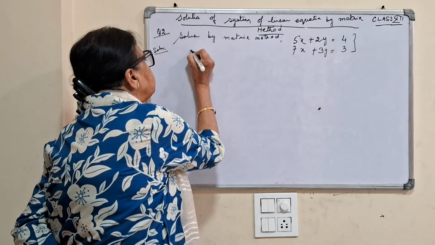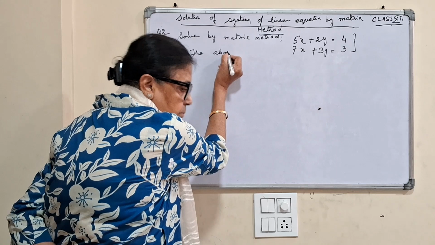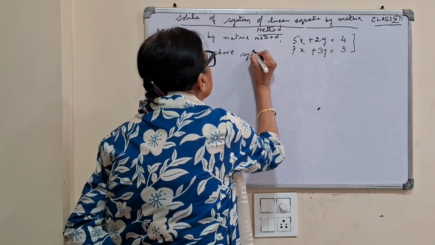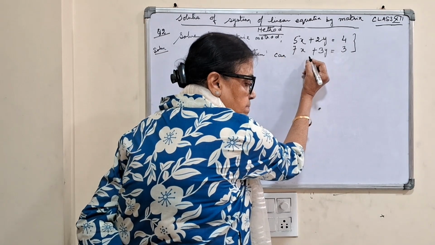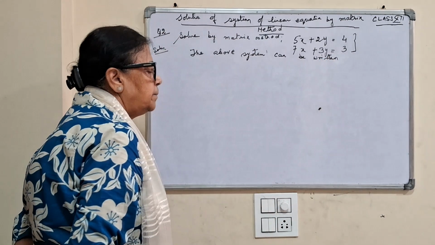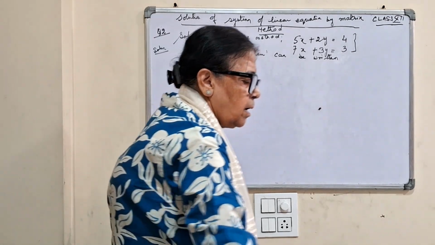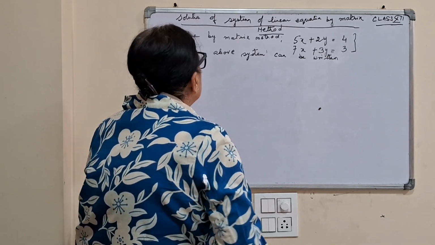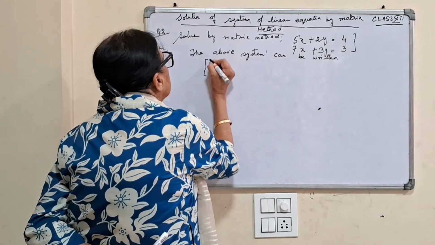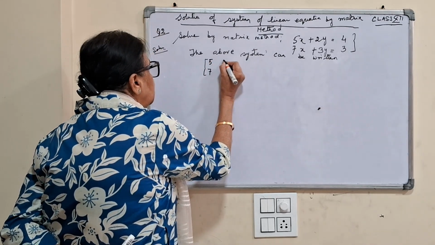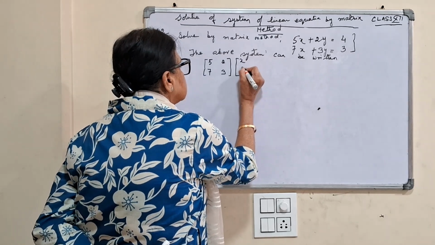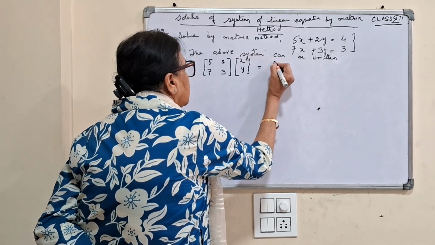Now, the above system can be written as 5, 7, 2, 3 into x comma y, xy, equal to 4, 3.